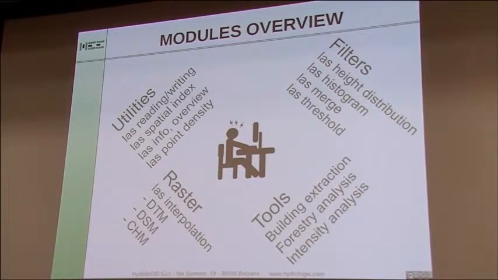There are different sub-packages inside L.E.S.T.O. We have some utilities and filtering tools. Then we have raster tools for interpolation and calculating digital terrain model, digital surface model, and canopy height model, and some other tools for the extraction of buildings, forestry analysis, and intensity analysis.